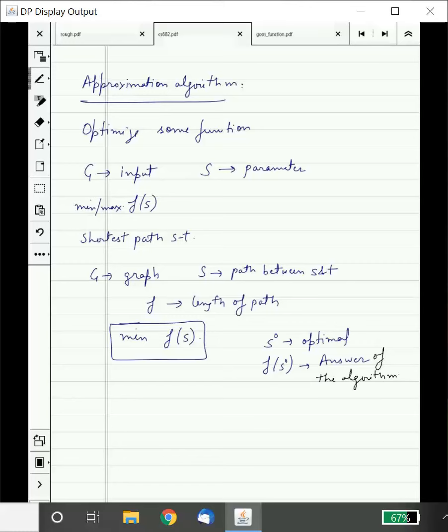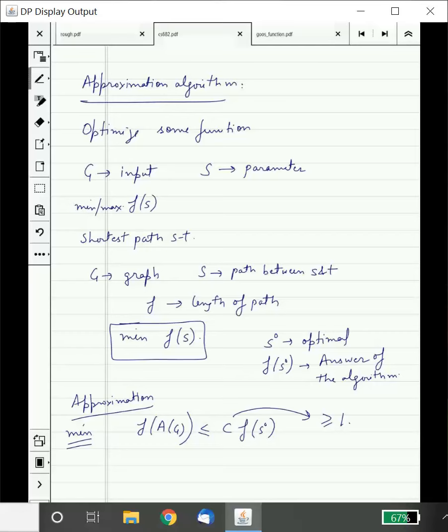In the case of an approximation algorithm, we allow a relaxation. We say that on input G, our algorithm will output something whose value should not be much bigger than the optimal, at most C times the optimum. Remember, this is the min case, and C here is a constant greater than 1.